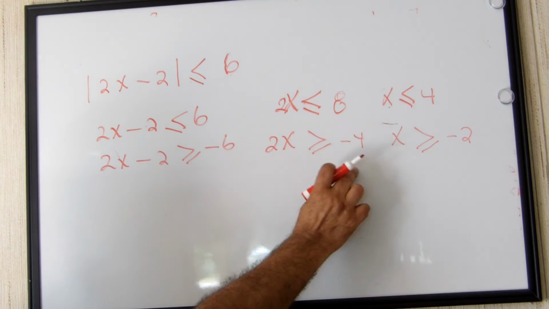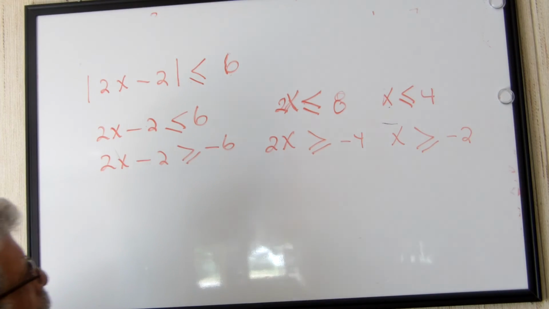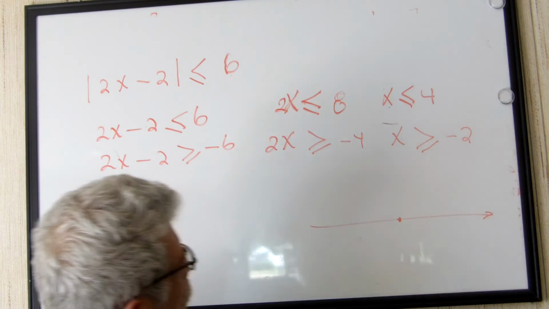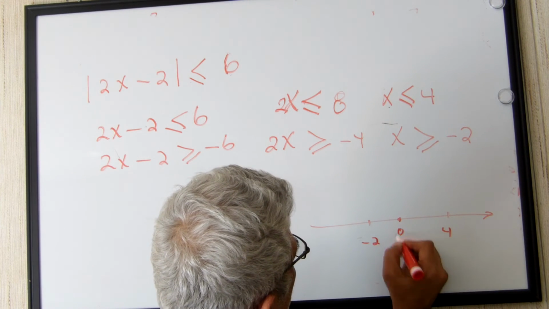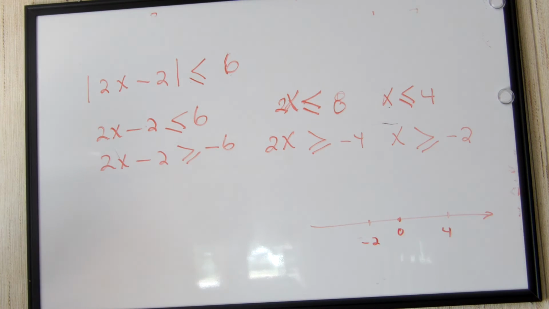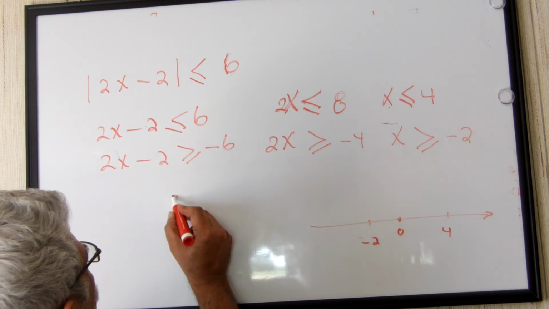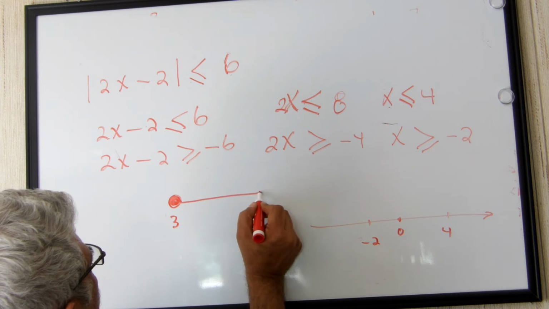So we divide both sides by the coefficient 2. On the number line, we have 4 here, and minus 2 here. This is 0, the origin. So what we do, we write here, see if it's a closed circle.